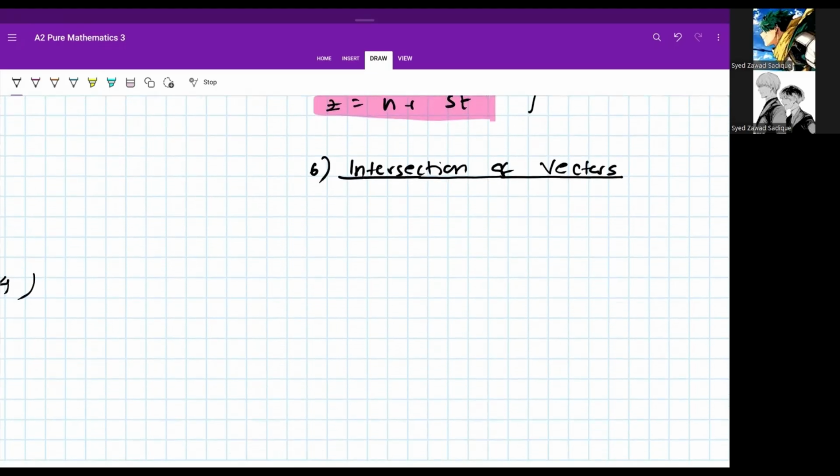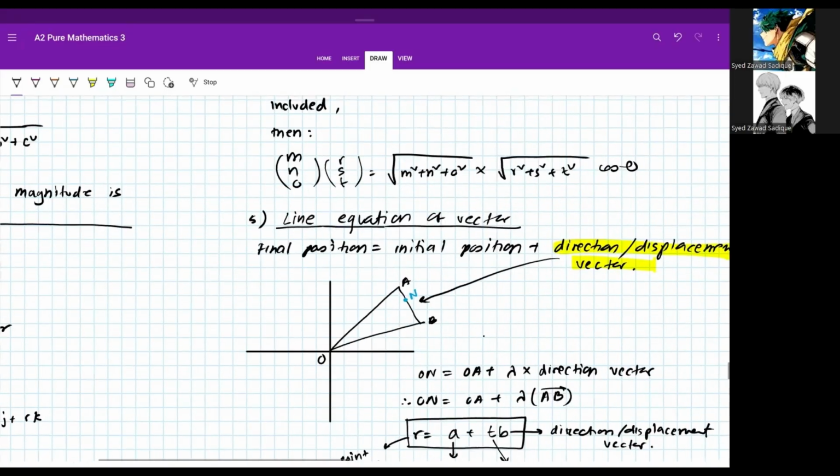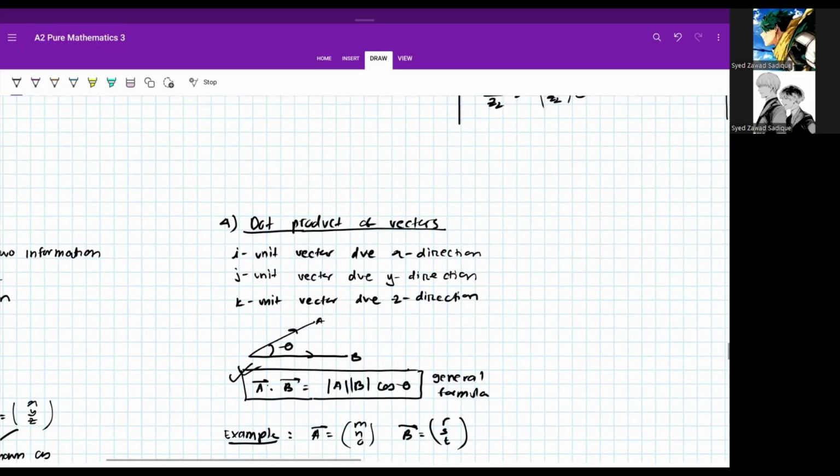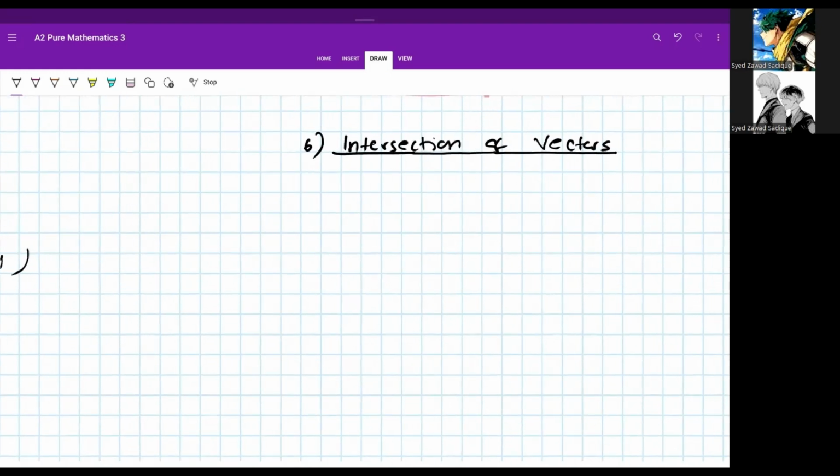So the intersection of vectors is, I think, the biggest concept that involves the vector equation of a line and also the dot product of vectors. So let's get started.